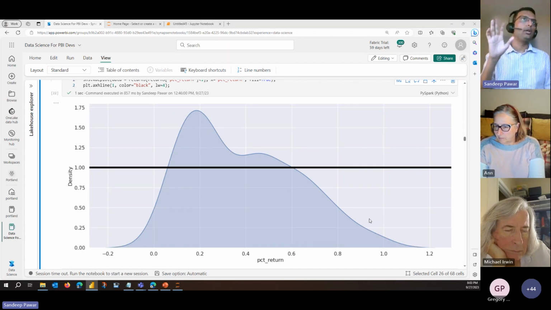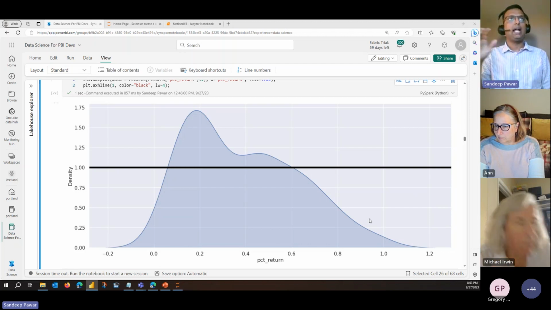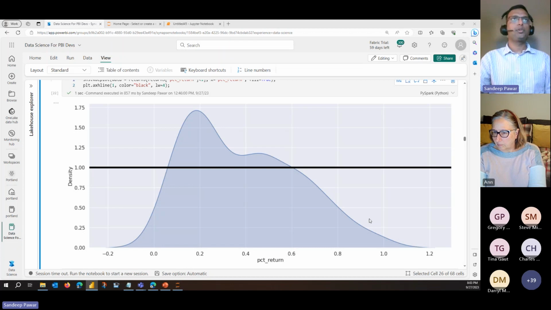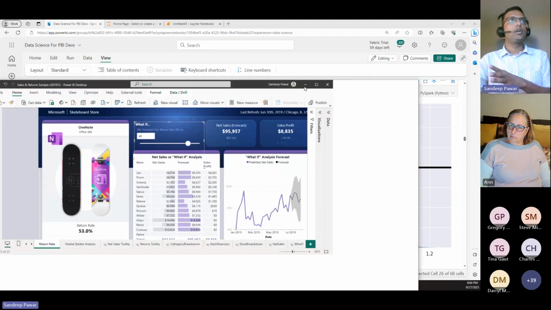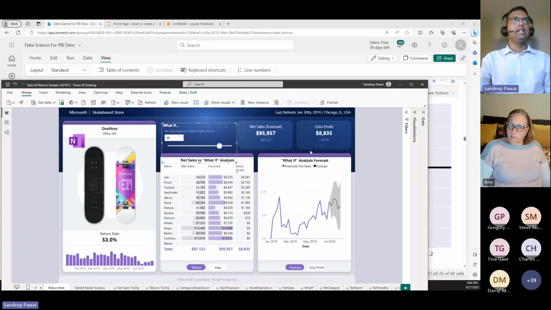Now, I'm not going to get into how to run a Monte Carlo simulation here. If you go to my blog, I have an hour-long presentation I did on how to run a Monte Carlo simulation. But the idea there is instead of using a deterministic value of 48%, I will assign a probability distribution to each of these different stores, create a number of different simulations, simulate it hundreds of times, maybe even 1,000 times in some cases, and then create scenarios based on that.